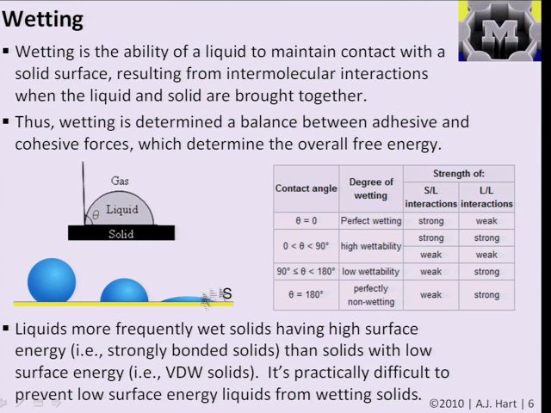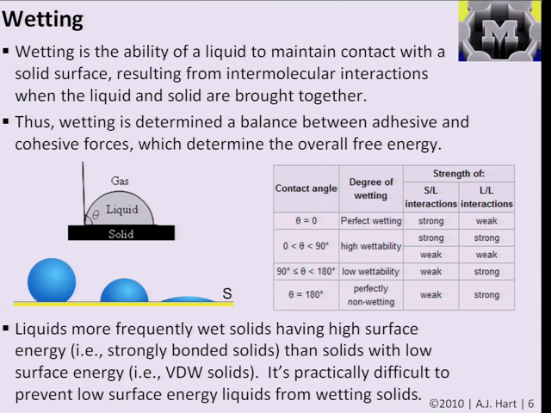So the wetting, in terms of a formal definition, is the ability of a liquid to maintain contact with a solid surface. And as you can imagine, what governs wetting behavior? Well, it's got to be the interactions between the molecules in the liquid and the molecules in the solid. And imagine if you have a drop of liquid, which you can consider like a particle or a spherical body.